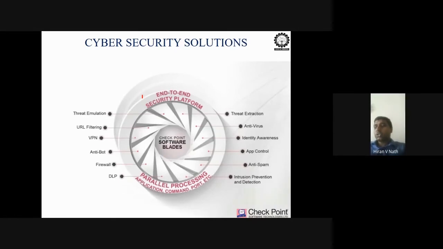And then the intrusion detection and prevention module is there. And then the DLP module, the data loss prevention module. Then they have a traditional firewall. Then they have an anti-bot module, which will detect the bot communication. Then they have a VPN module, which is the virtual private network, a URL filtering module, and a threat emulation module.